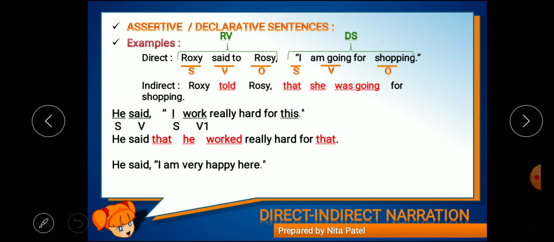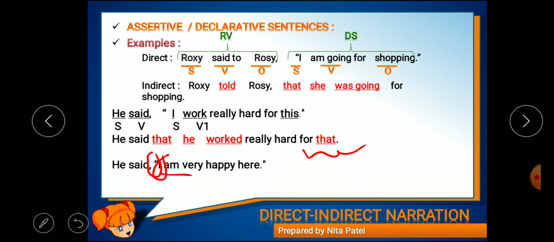Next example: he said, "I am very happy here." Now again, said is there, no object is there, so we do not need to change said. We remove this comma, and again I is there, so instead of I, what will we use? I is the first person. First person will change according to the subject. Who is the subject? He. So I will convert into he.